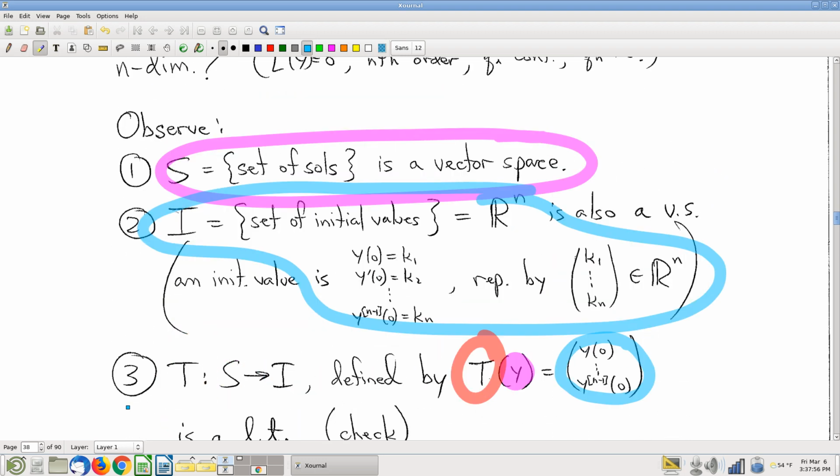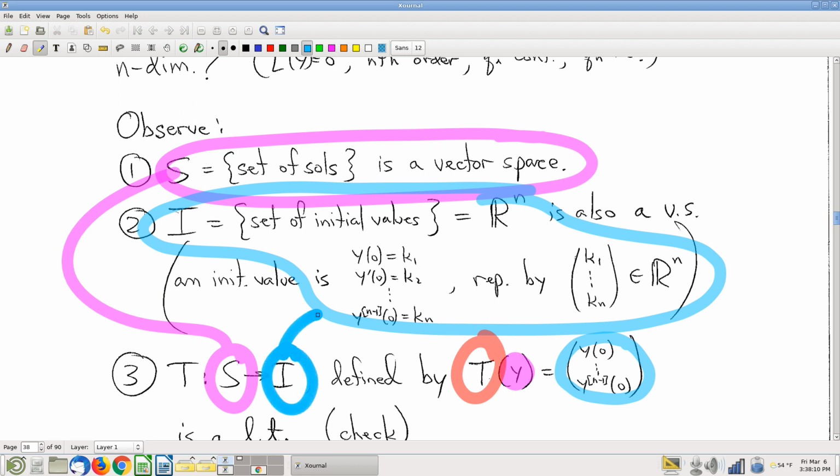Here they are. The dimension of the domain, well, let me stick to my colors. My domain, this set of solutions, in other words, that I'm interested in, its dimension is the same as the dimension of the target, namely this set of initial values, namely Rn.